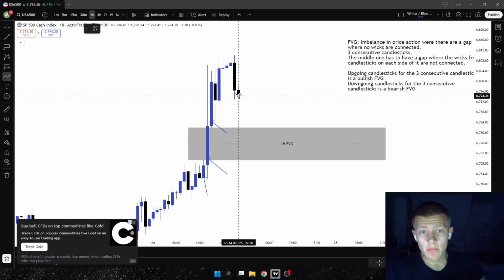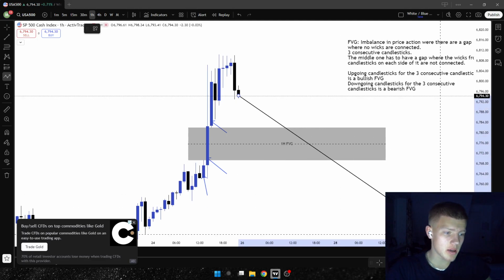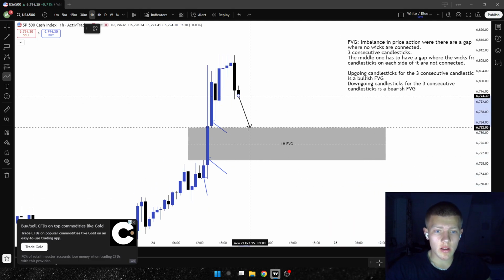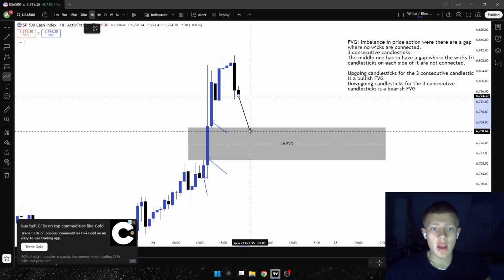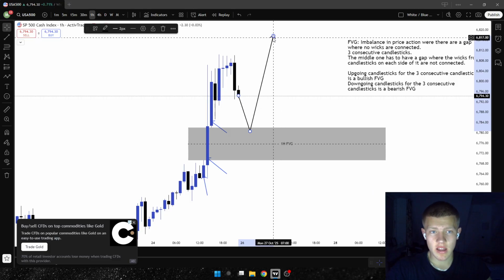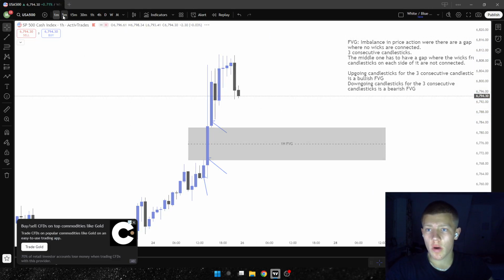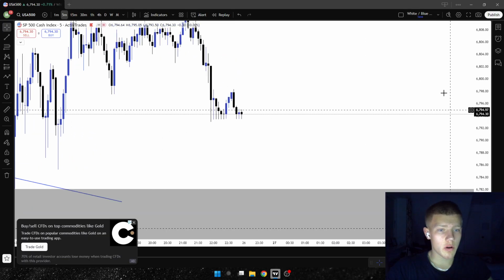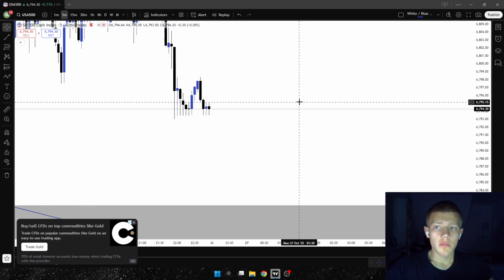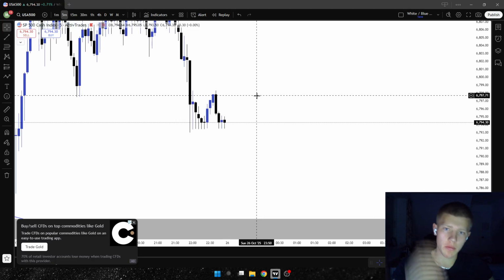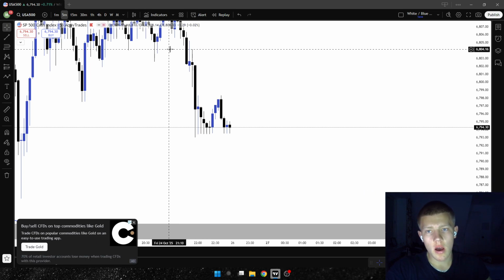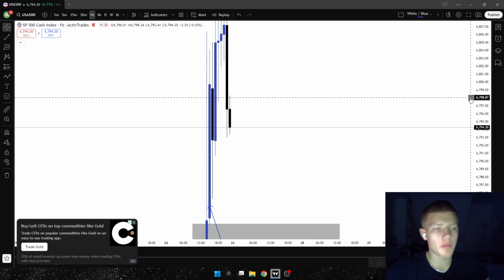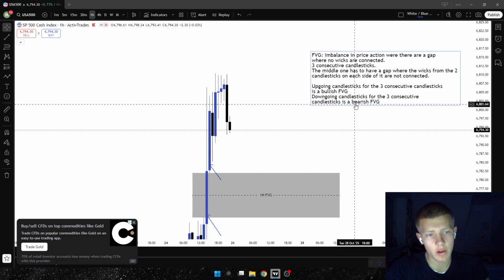There's a high probability when market opens next week that we will go down to this 1 hour fair value gap and fill it, maybe the equilibrium of it, and then perhaps go higher. That is a probability. But no matter what time frame you're on, it doesn't really matter because fair value gaps work on all of them. But the higher the time frame, the higher the probability that the fair value gap will get filled.